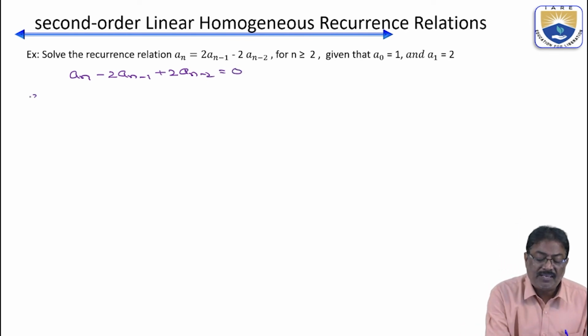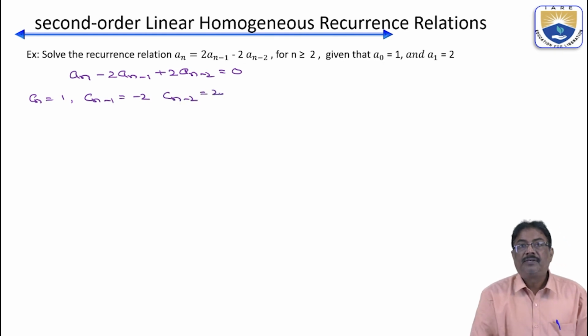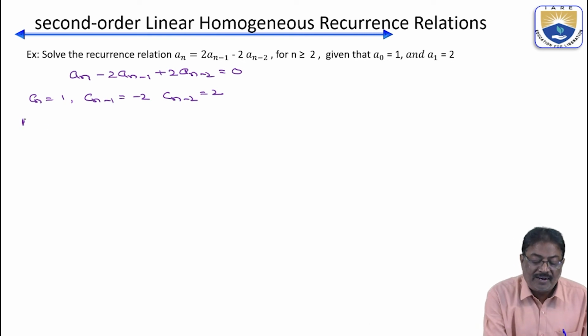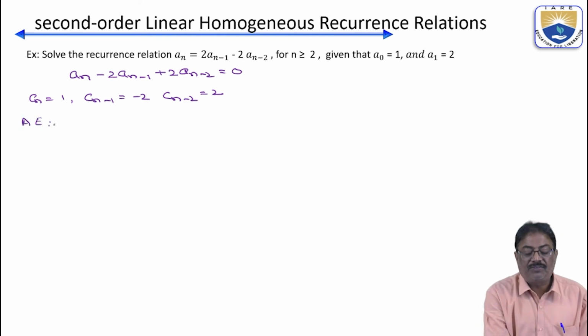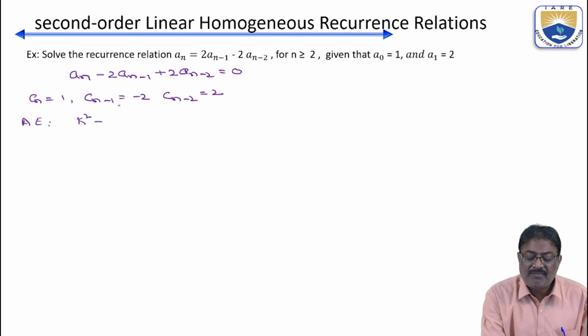Now here Cn is equals to 1, Cn minus 1 is equals to minus 2, Cn minus 2 is equals to 2. Then the auxiliary equation is just we have to consider Cn k square plus Cn minus 1 k, so it is k square minus 2k plus 2 is equals to 0.